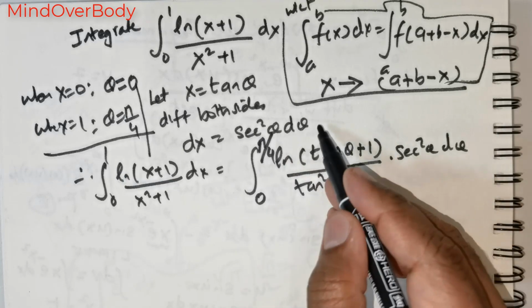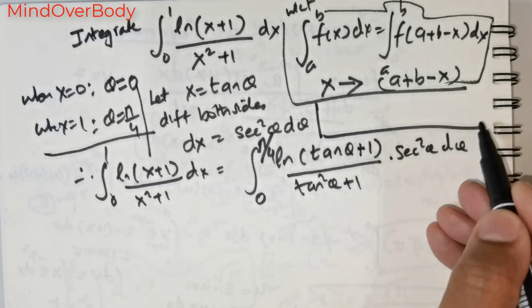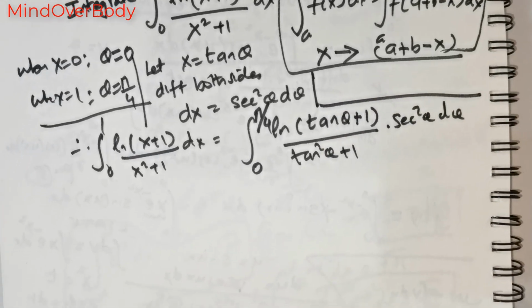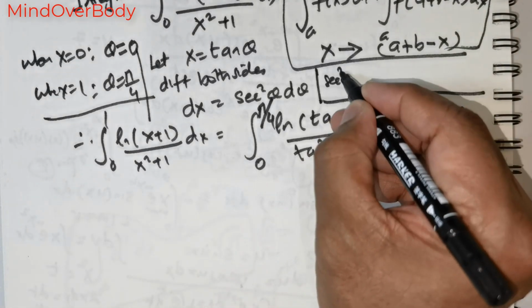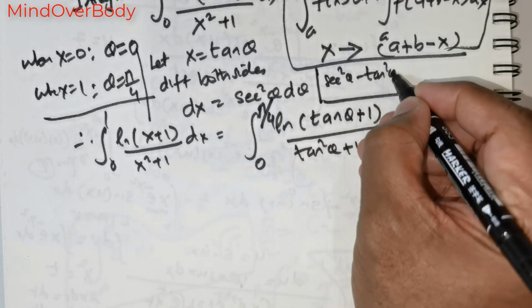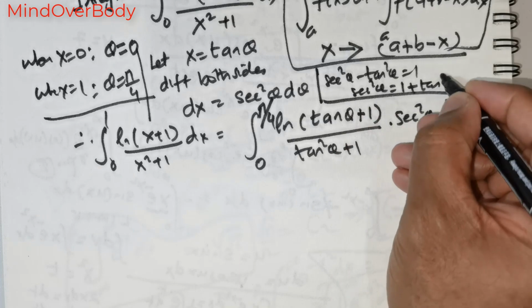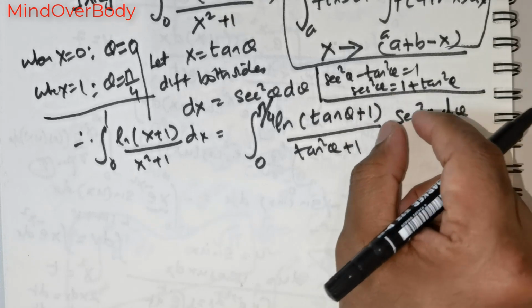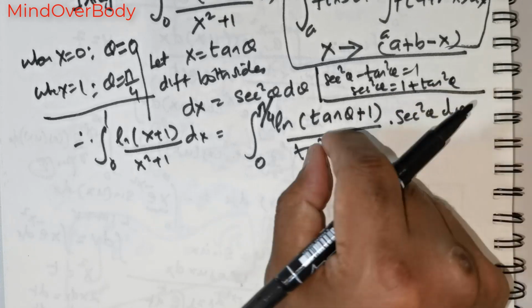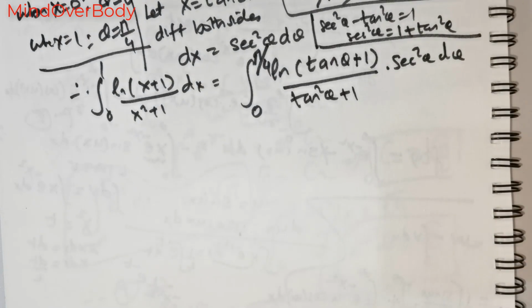Now there is a trigonometric formula. What is that? Let me write that formula there. Secant squared theta - tan squared theta is equal to 1. So from here I get secant squared theta is equal to 1 + tan squared theta. So in place of tan squared theta + 1, I am going to use secant squared theta. So let me do that.